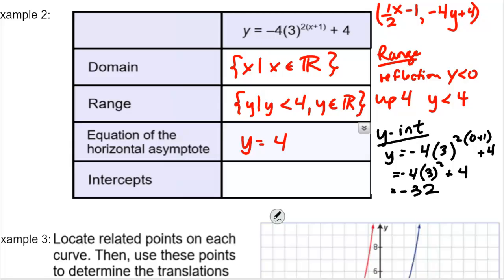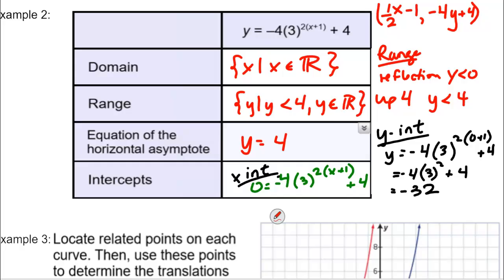And the x-intercept happens when y is 0. So you can see in the green there, I replaced the y with a 0. Now, we have to consider what's the x value that makes y equal 0. So we have a +4. Basically, if we can get the first term in that equation equal to -4, then we would add +4 and we would equal 0.